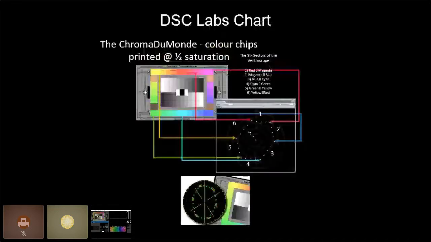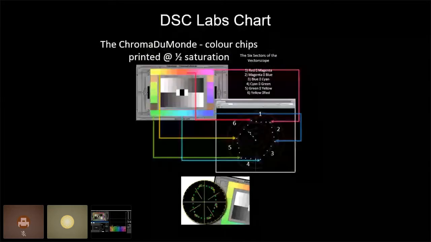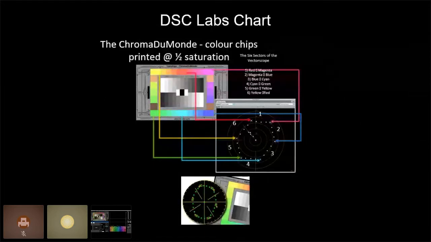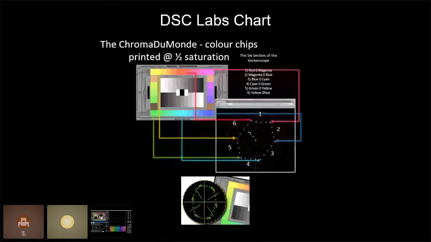Now, let's look at a reference like the DSC Labs chart. Why do we use that? Because all of the values that are on that chart sit exactly where they're supposed to sit with regards to the values set up by SMPTE and where they're supposed to match in the video display on the vectorscope. Now, just to note, if you look at a DSC Labs chart and say, well, that red really isn't that saturated.